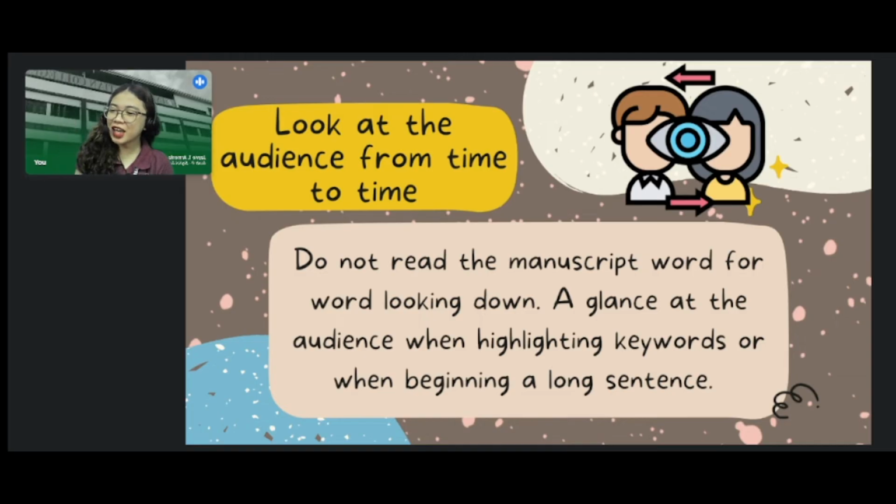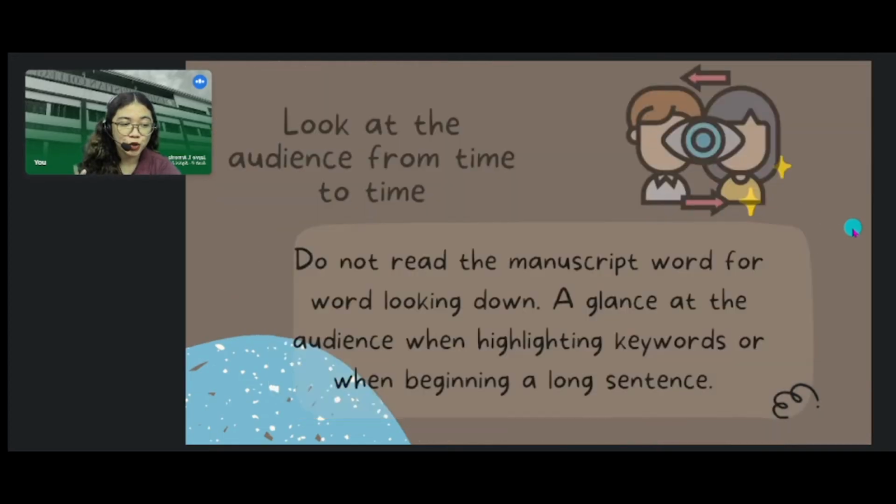Okay, so kung nakita nyo while reading from a book, nakikita nyo pa rin na I have a time to look at you or doon sa audience ko. Okay? So, lagi tayong ganon. If we want to highlight something, if we will deliver the main points or main idea of our speech, we need to look at our audience and give emphasis. Okay? So, that's all for the 5 guidelines that we must follow in reading from a manuscript.